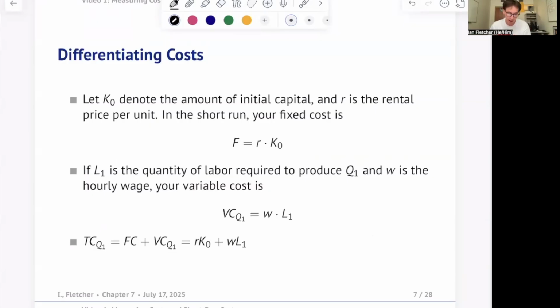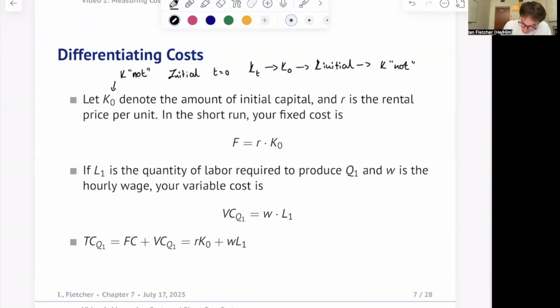So if K naught denotes the amount of initial capital, which just means initial, and if you want to think about this as T equals 0, K initial, you could think about it like that. This is just going to be our initial capital, and R is our rental price per unit. So then our fixed cost is going to be the rental price per unit times the number of units.